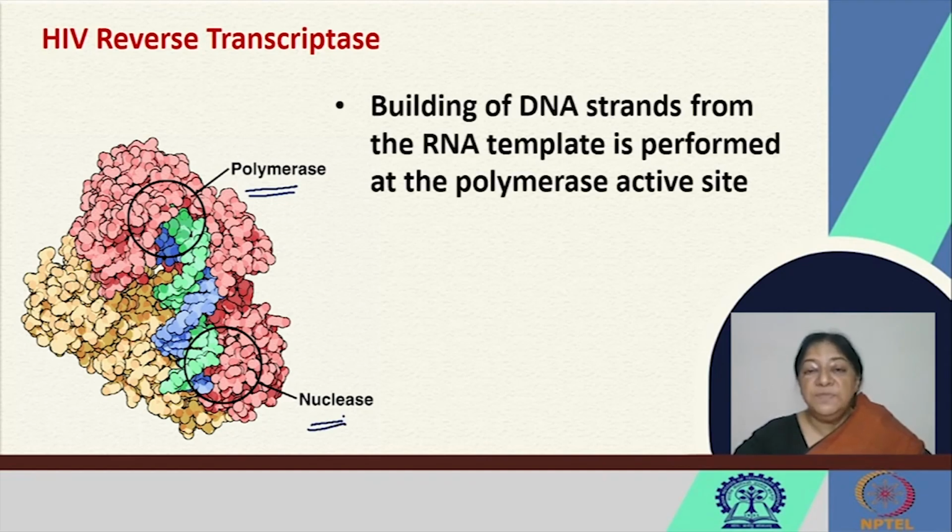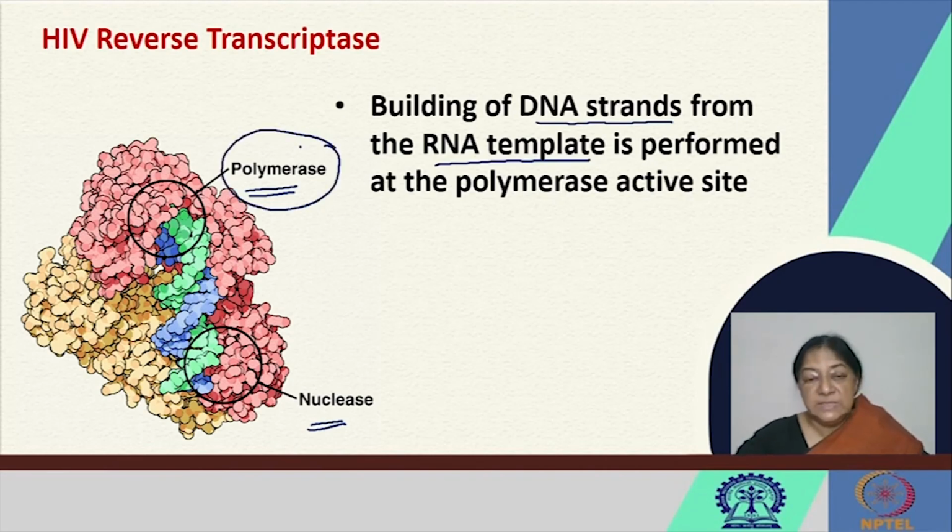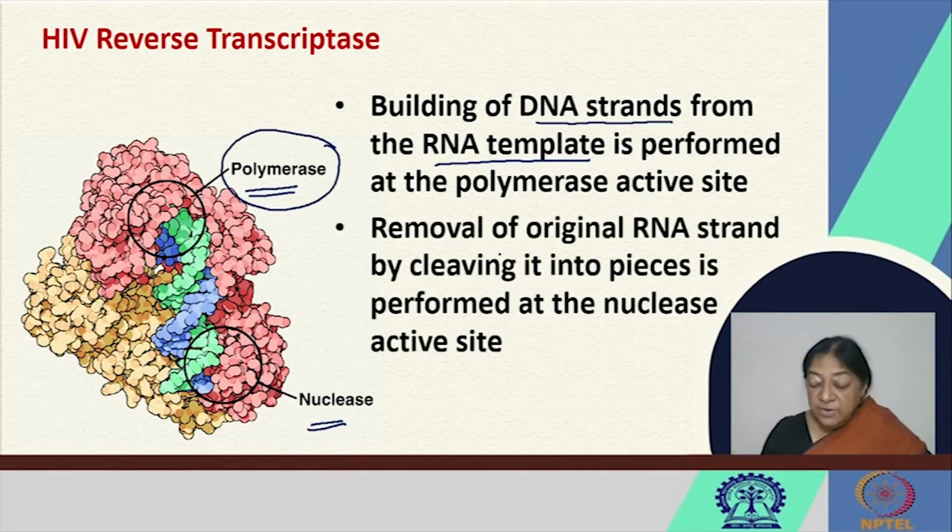So the building of the DNA strands from the RNA template is performed at the polymerase active site. However, the removal of the original RNA strand implies that there has to be a nuclease presence.